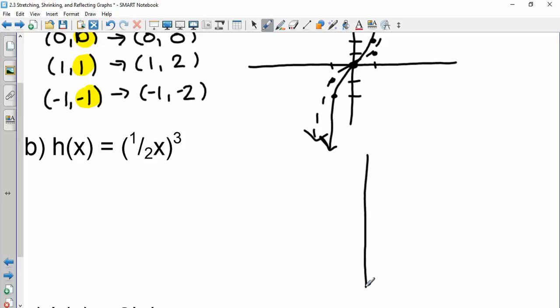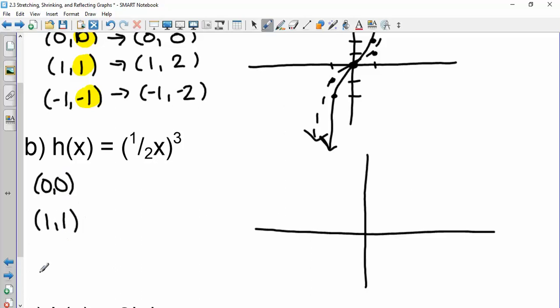This is still talking about the x cubed, so I still have my same parent function. 0, 0, 1, 1, -1, -1. This 1/2 is attached to my x because it's in my parentheses.